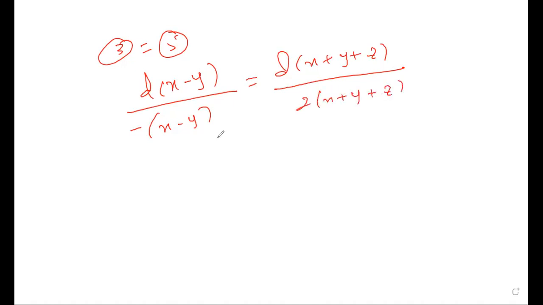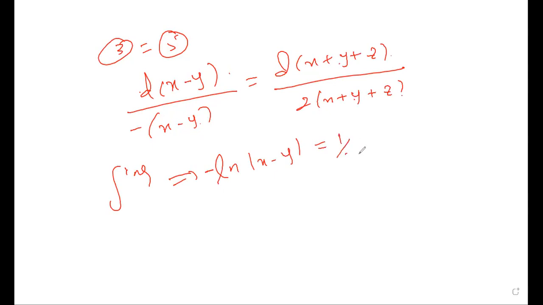Now can you rearrange? If I integrate both sides, what is the integration for this one? x minus y, this is d of (x minus y), so we know ln(x minus y). I have minus also, equal to ln(x plus y plus z).